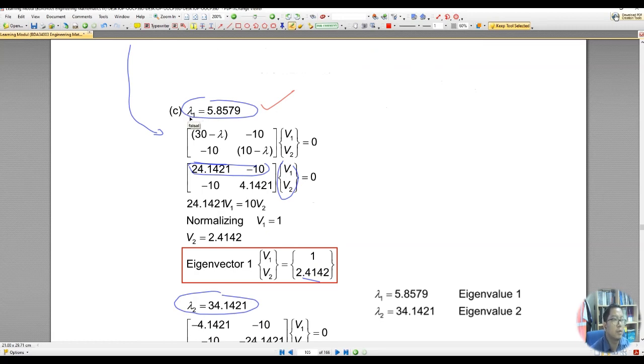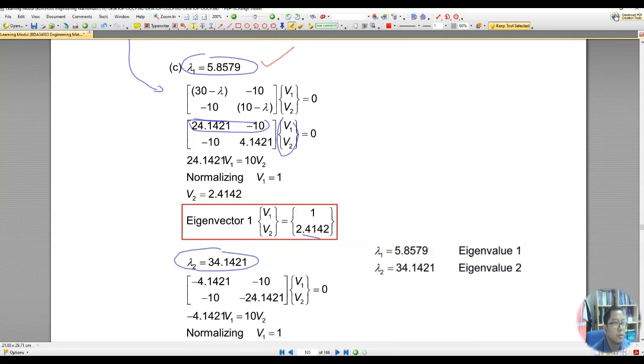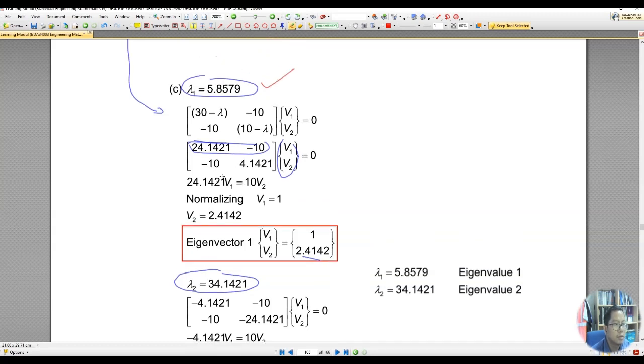At the moment when we choose lambda 1 equal to 5.8579, then you can get the answer 2.24, 0.1421, v vector 1 equal to 10v, where we get the 10v from here.